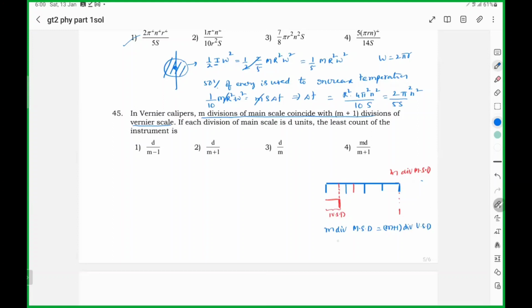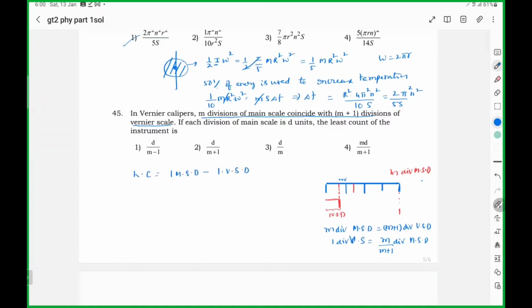That means one division of the Vernier scale is m by m plus 1 of a main scale division. So the least count is one main division minus one Vernier scale division.